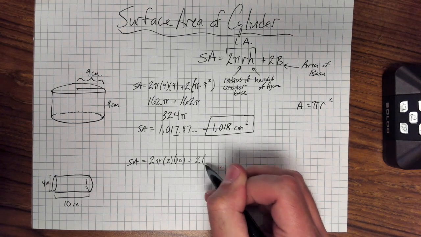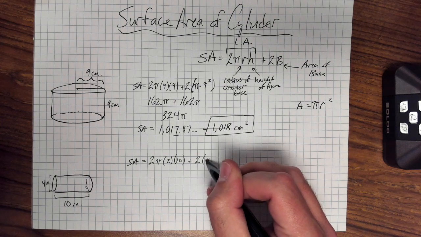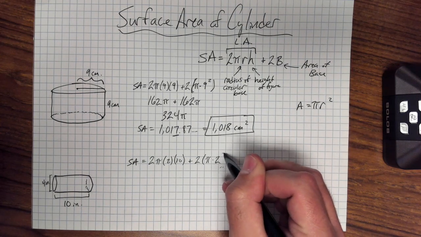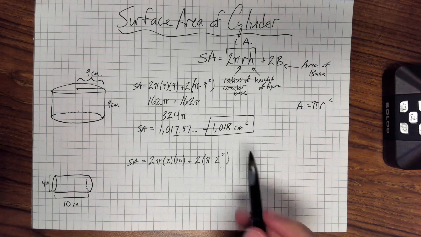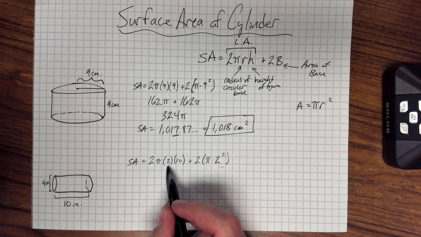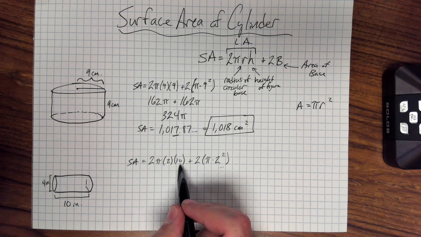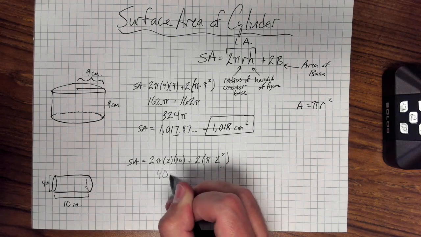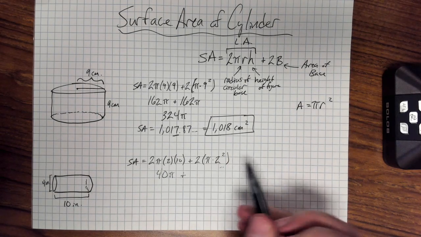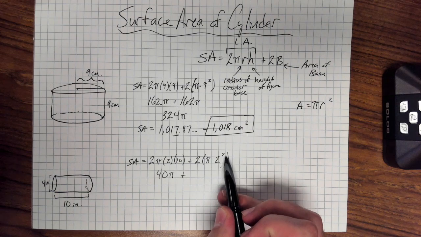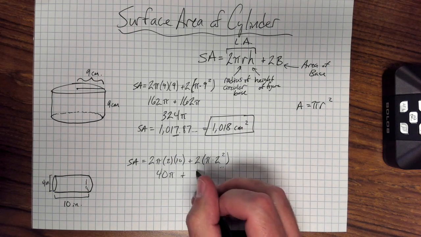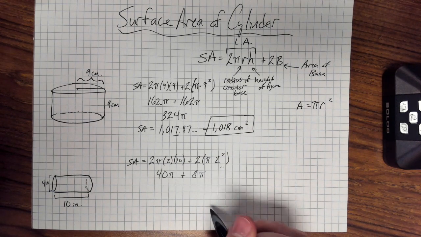plus 2 times the area of the base, so pi r squared again. Radius is 2 squared. So let's do our work. 2 times 2 is 4, times 10 is 40, so that's 40 pi. Plus, over here, 2 squared is 4, times 2 is 8. We're going to do 8 pi over here.